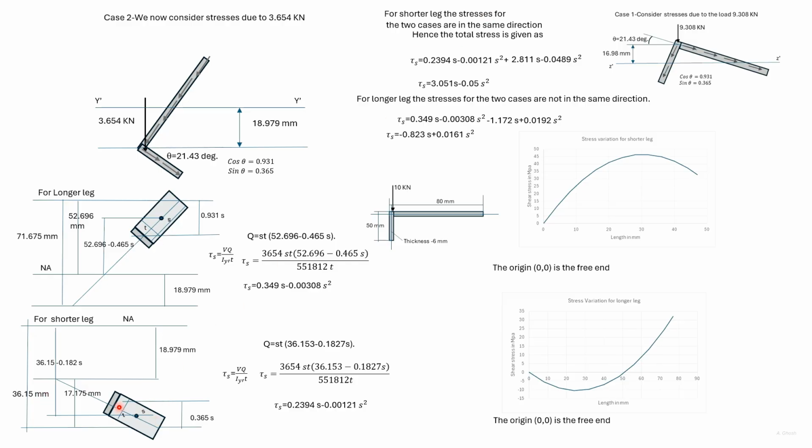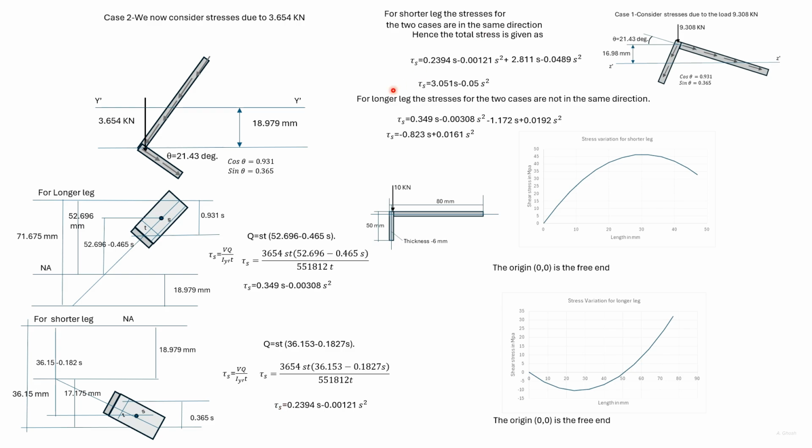If this length is S, then the vertical distance is sine theta S. The distance of the centroid of this portion from the neutral axis is given by this expression. So Q is equal to ST multiplied by this expression. Tau S is VQ by IT, where V is this load and I is I y dash. So we get tau S for the shorter leg.